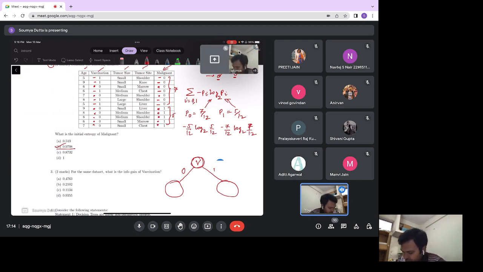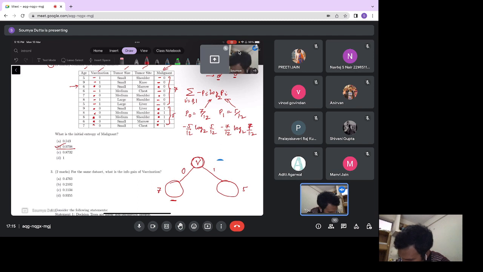Let me fill out the left node first. When vaccination is 0, there are 1, 2, 3, 4, 5, 6, 7 cases, and vaccination is 1 in 5 cases.